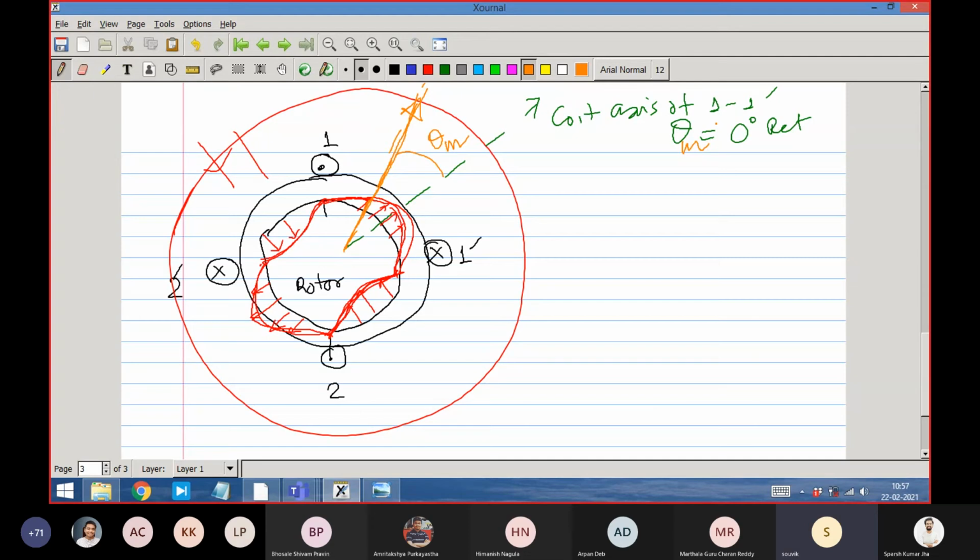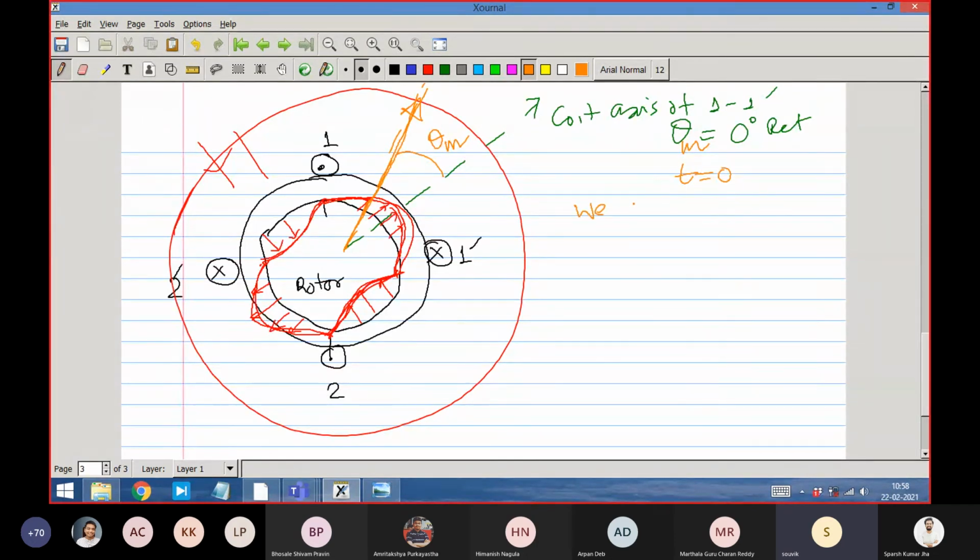We have to take care of all the flux lines that are going. What I have drawn is aligned to this picture, the red color picture, which is qualitatively showing the position of the resultant magnetic field at a certain instant t is equal to 0.